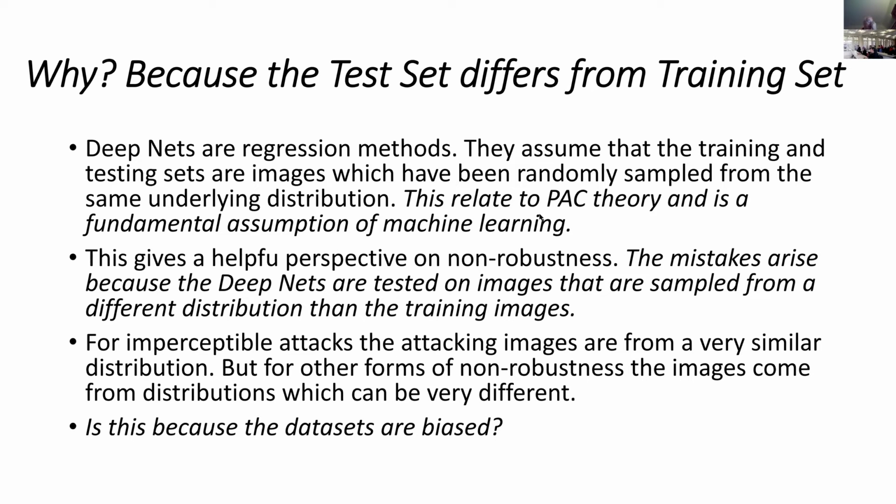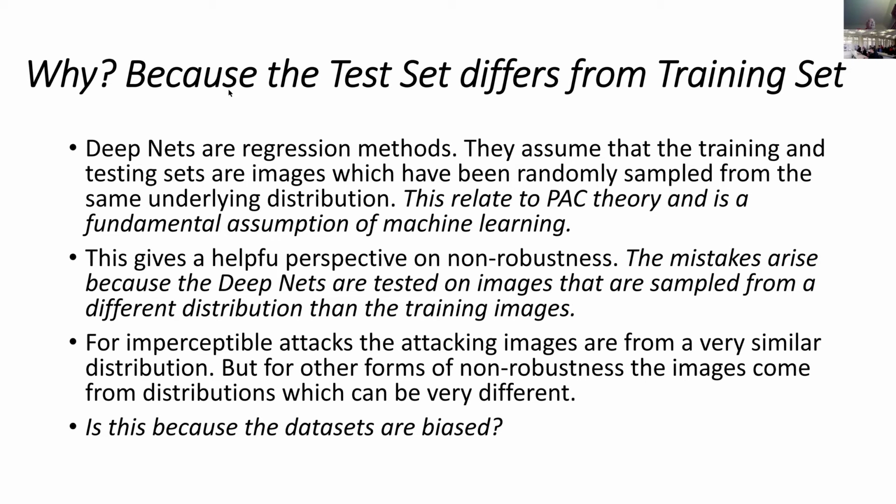Okay, so this may seem a little bit unfair to deep networks because you're testing them on data that they haven't really studied. So you can then ask yourself, is this because the data sets are biased? Maybe in a data set that's not biased, all the images that you'll test on will be ones that you've already seen in your training data.